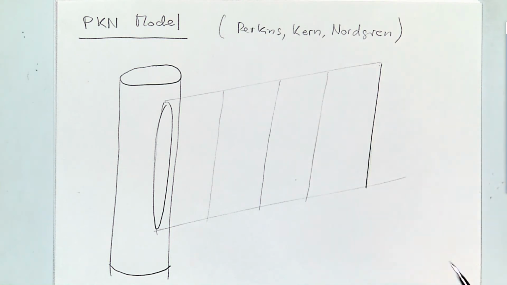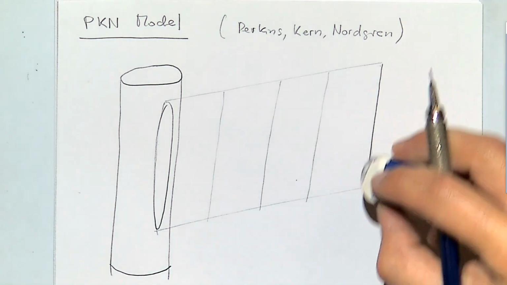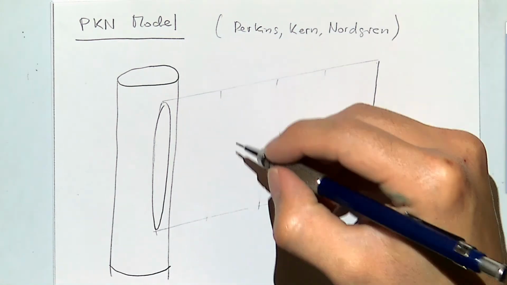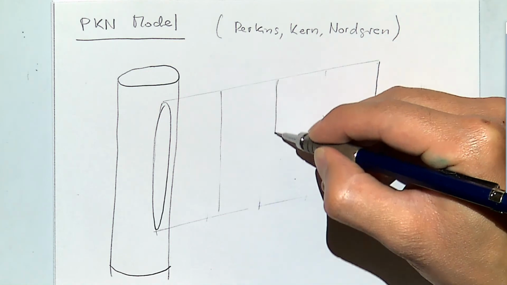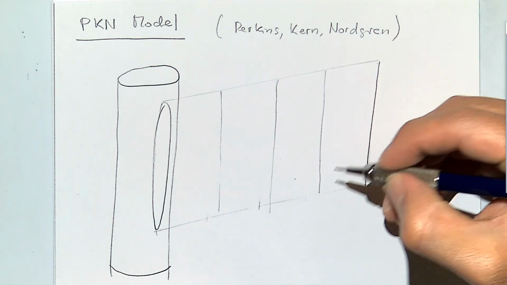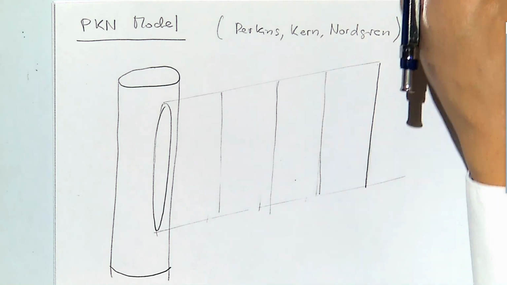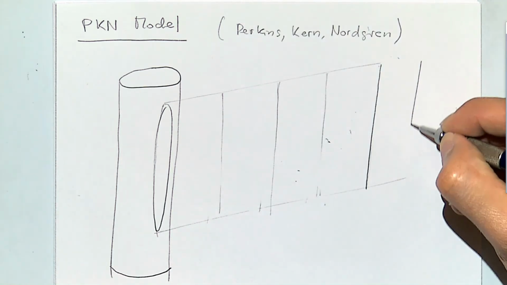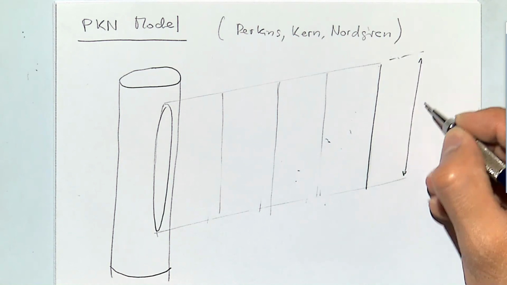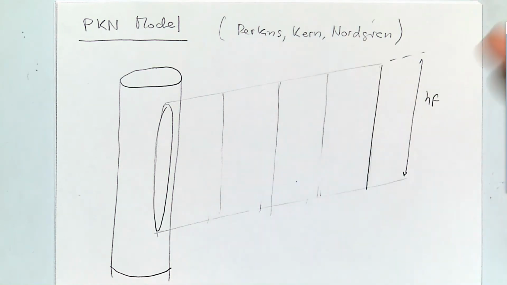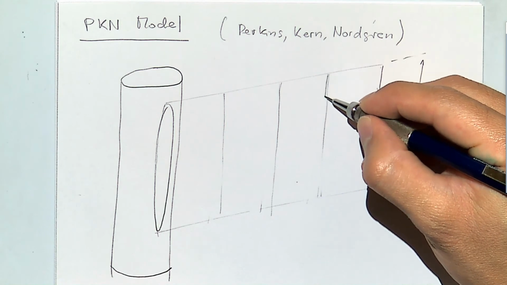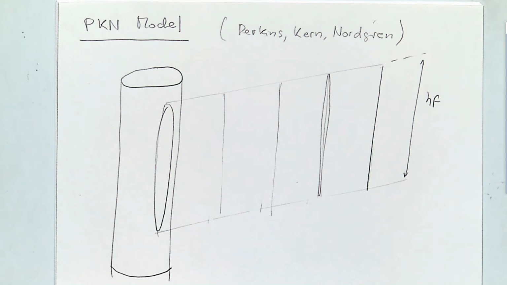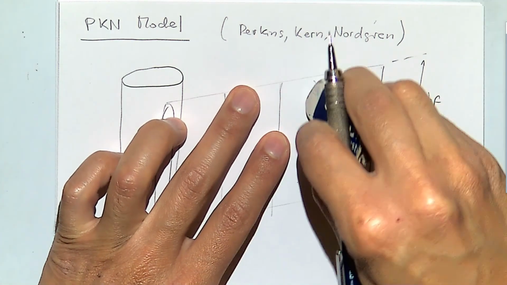Probably you can notice from this schematic too that this model is going to assume a constant height of the fracture. And as I was saying, you get closer to the tip and the fracture width narrows, and this should be symmetric.